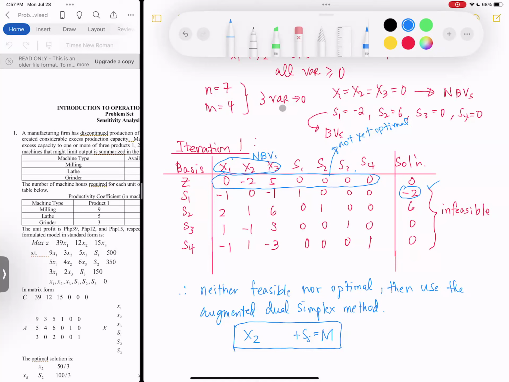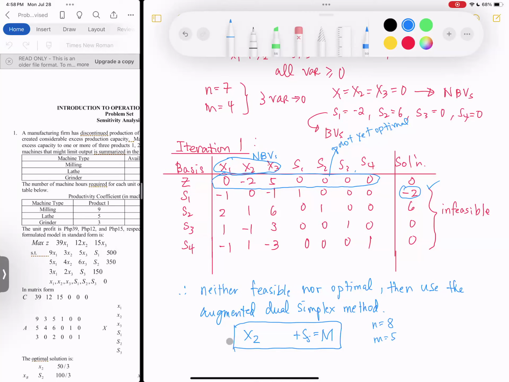Okay. We added one variable and what else? One constraint, right? We added one variable and one constraint. So this time, with the addition of this constraint, your n is now equal to 8 and your m is equal to 5, correct? Am I correct? Yes, sir.